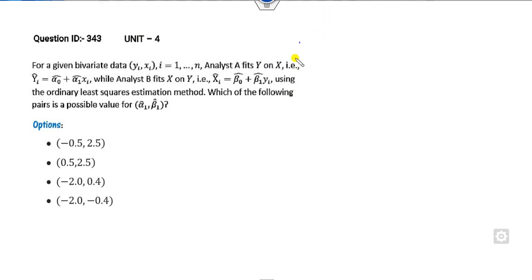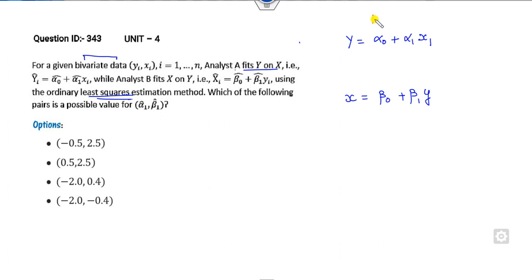If you first read this statement carefully, for bivariate data yi and xi, analyst A fits y on x, this is alpha naught plus alpha 1 x, while x on y is given like this. What comes to your mind when you think about the method of least squares or any of the two lines?